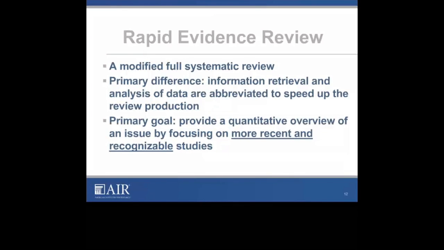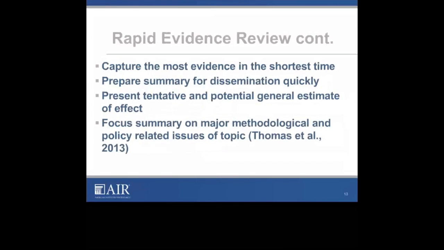The primary goal is to locate the most recent and most recognizable studies, the best and most recent evidence out there, to get a quick overview of what is currently happening in the field, capturing the most evidence in the shortest time.